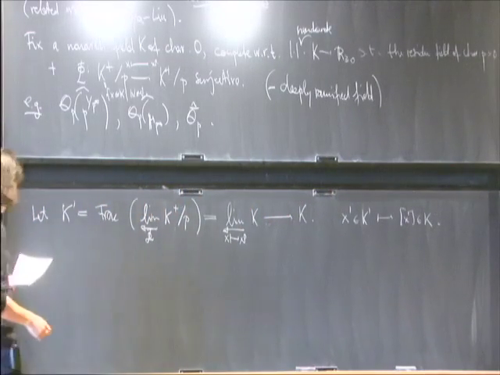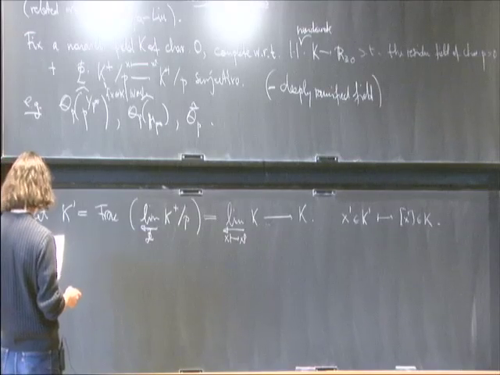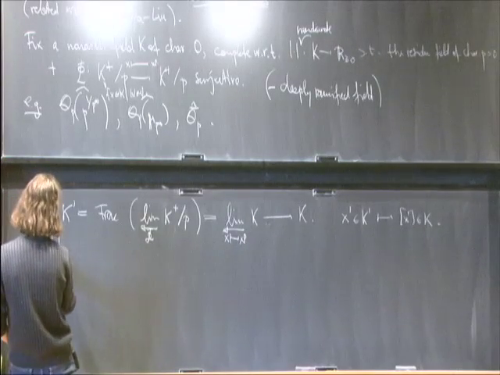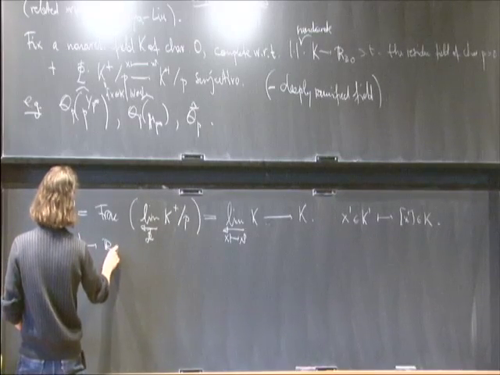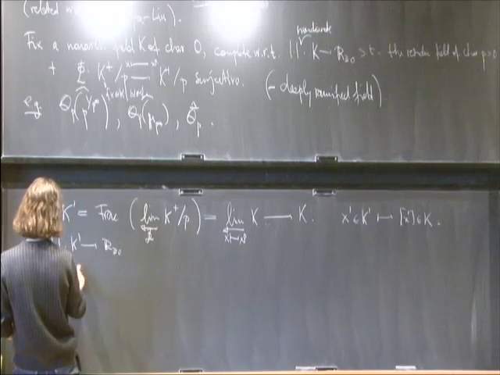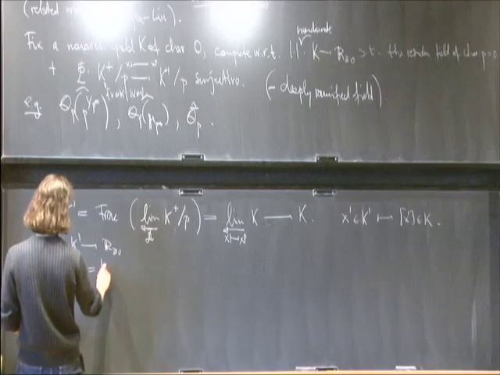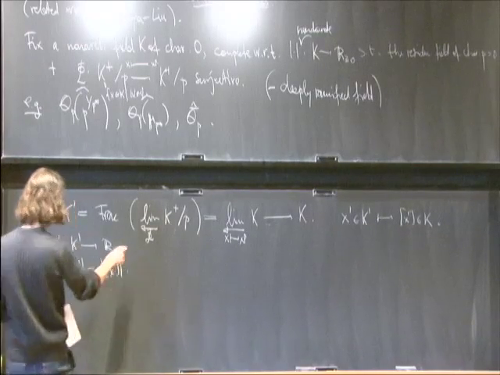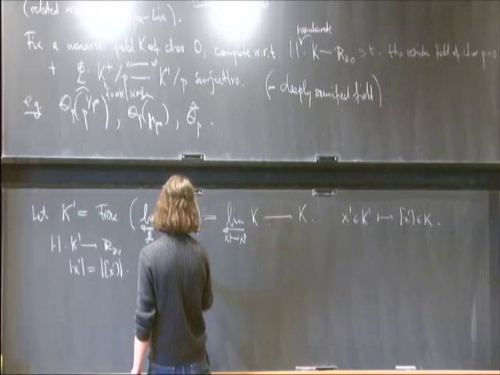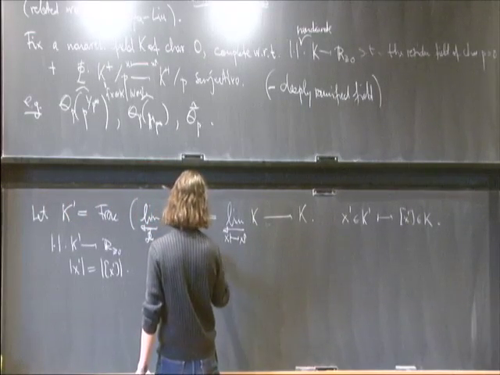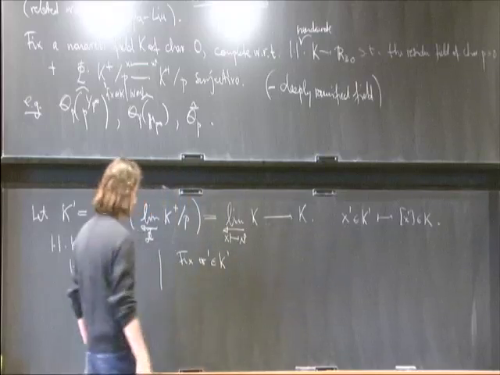So first I have also a valuation on K prime, which is defined by setting the absolute value of x prime to be the absolute value of its lift. And let me also fix sort of a uniformizer in K prime, except it's not discretely valued.